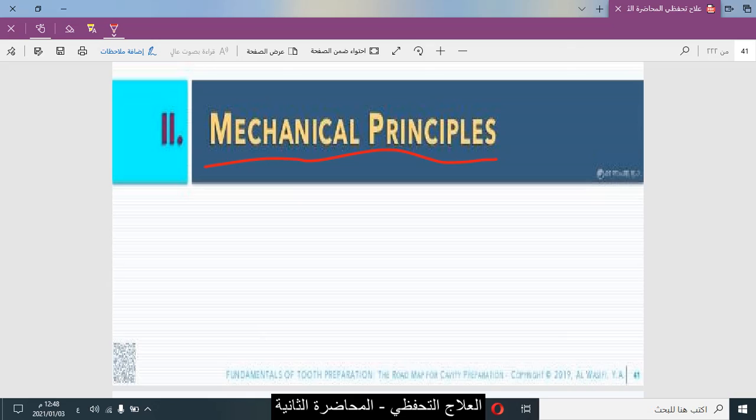Extension of the cavity is sometimes done buccally or lingually when we do an adhesive composite restoration, because the composite restoration will solve the problem of esthetics.